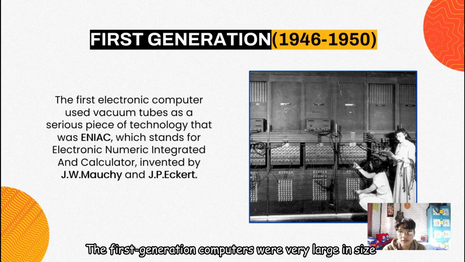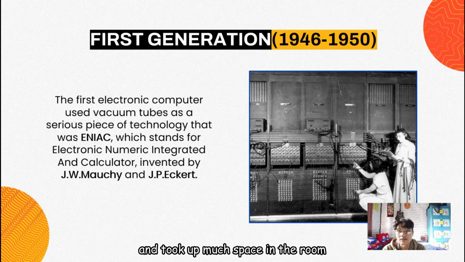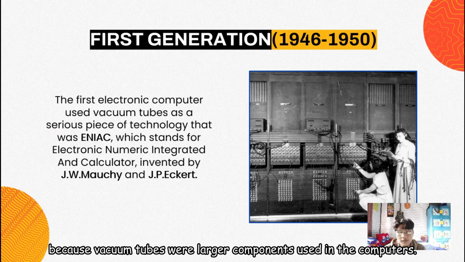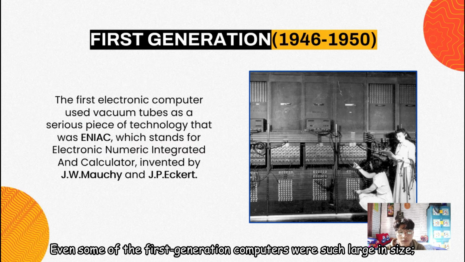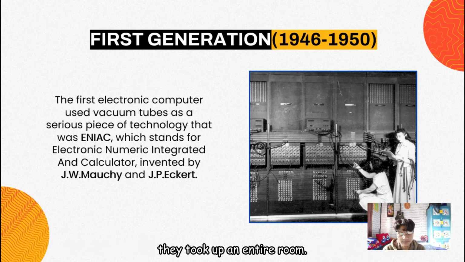The first generation computers were very large in size and took up much space in the room. Because vacuum tubes were large components, some of the first generation computers were so large that they took up an entire room.